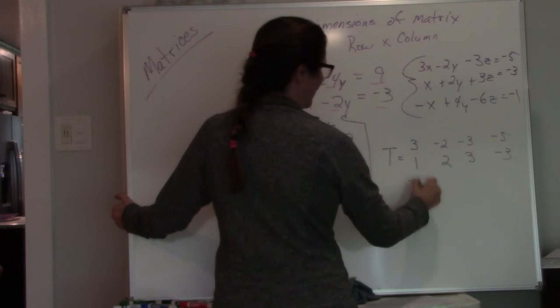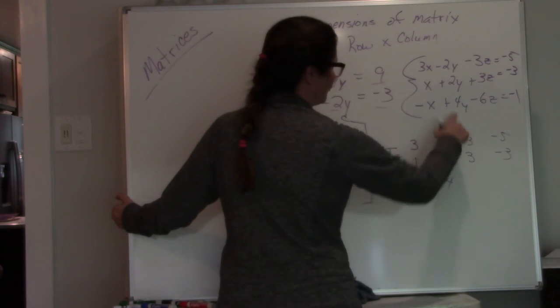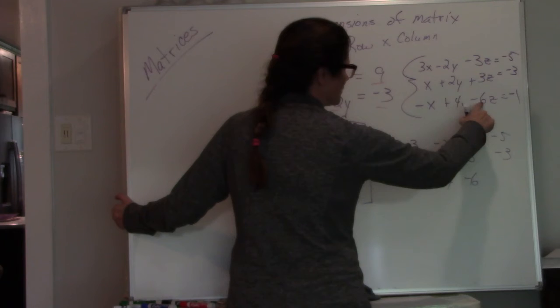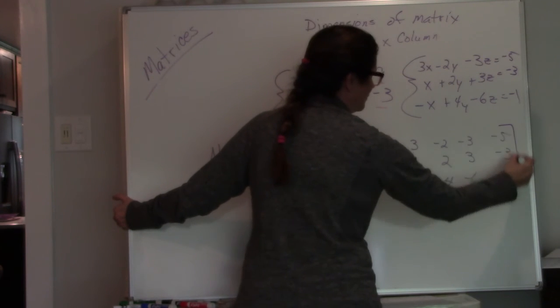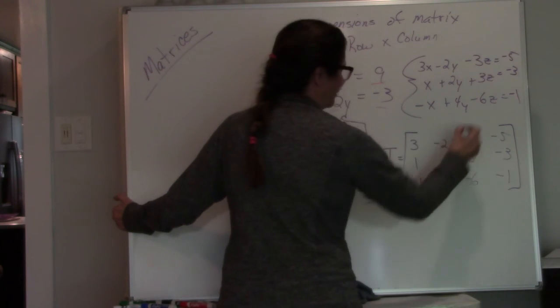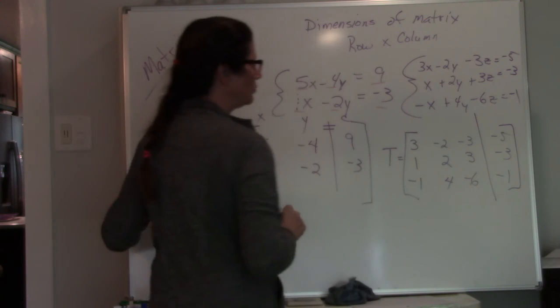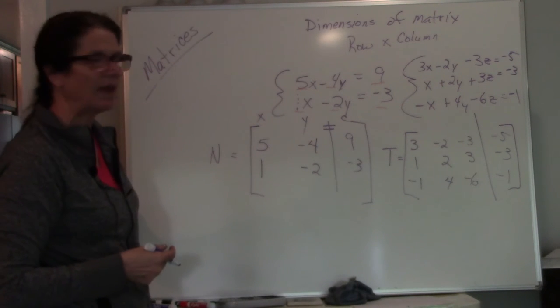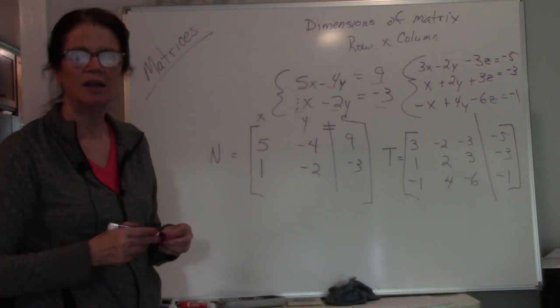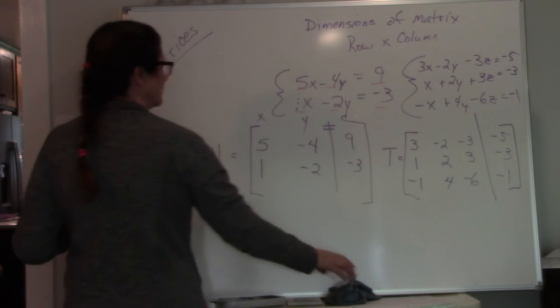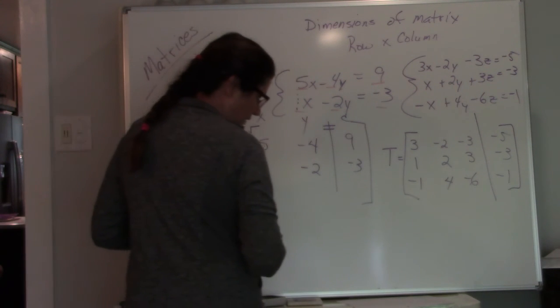Third row is negative 1, 4, negative 6, and negative 1. Put brackets around it. Put a vertical line where the equal sign is. And that is how you create a matrix based off of a system of equations. All right?